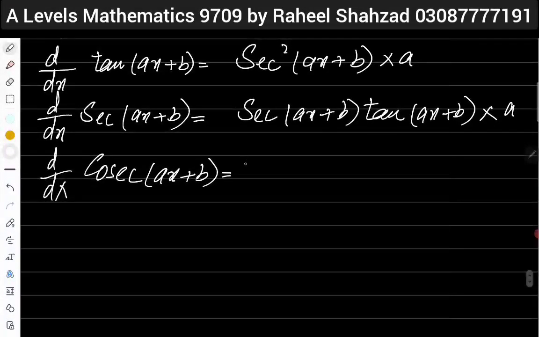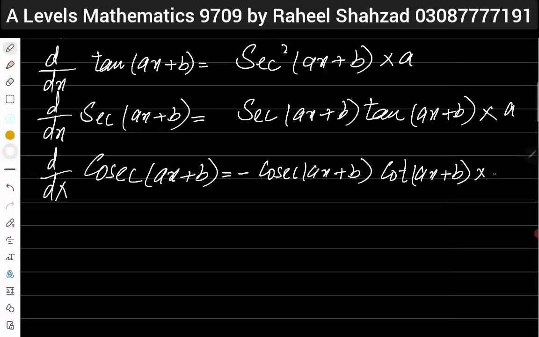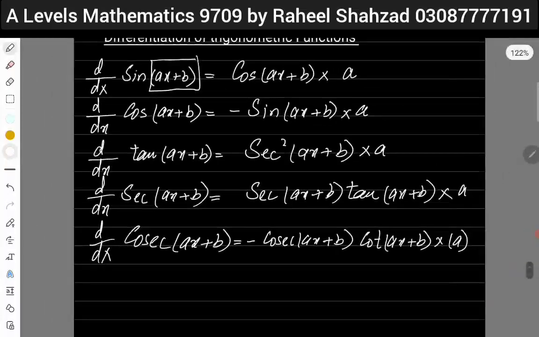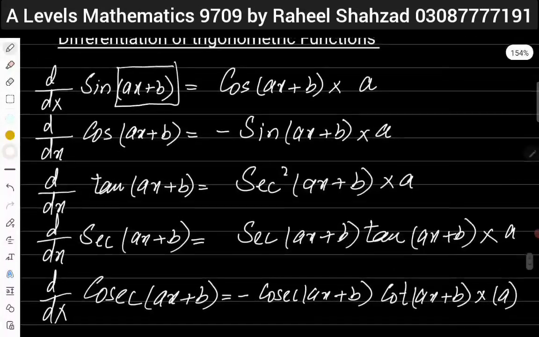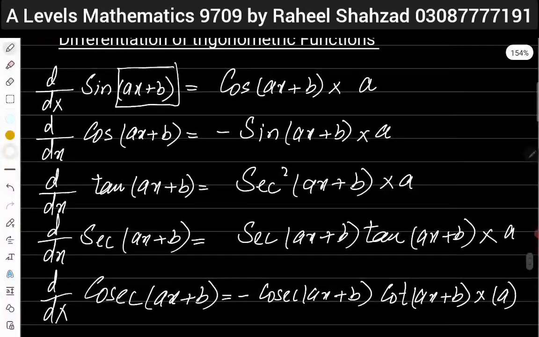And similarly, derivative of cosecant is minus cosecant x cotangent x, ax plus b into derivative of angle. So it's better you remember all these, though it is given in the formula booklet.